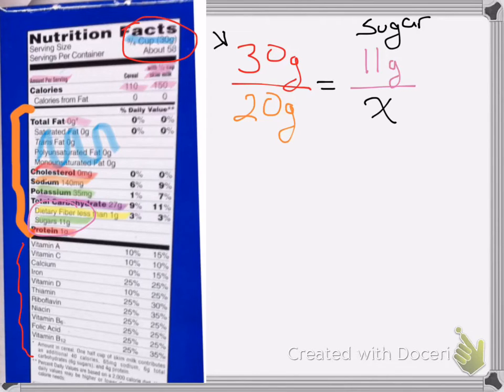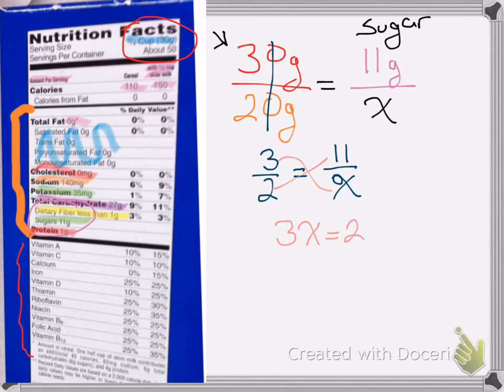From here, it's up to us just to cross multiply so we can solve for X. First thing I'm going to do is simplify this fraction on the left side, 30 over 20. I'm going to cross out zeros to make it 3 over 2. Set that equal to our grams of sugar, 11 over X. From here, cross multiply like we've been practicing. 3 times X gives me 3X. 2 times 11 is 22. 3X equals 22.